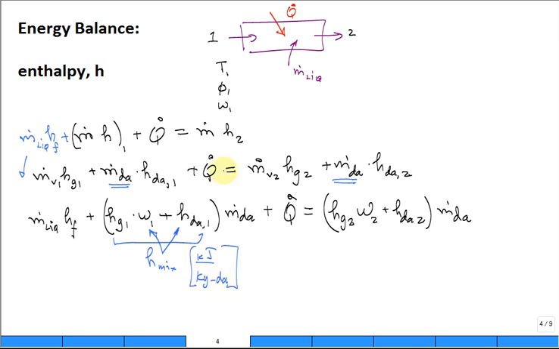Before you get to use the mixture enthalpy a lot, I encourage you to avoid using the mixture enthalpy and do it paying attention to what's happening exactly to the vapor, what's happening to the water if it's coming in liquid or leaving liquid, etc. Okay? Because you can do it that way, and I think it builds more insight into it. Next, the psychrometric chart, they're going to plot the mixture enthalpy. Same with the liquid, you could add it to the other side, which would be subtracting it from the left-hand side if it's condensate.